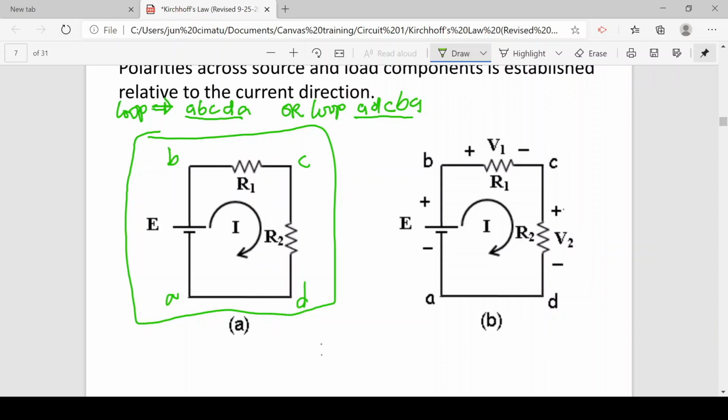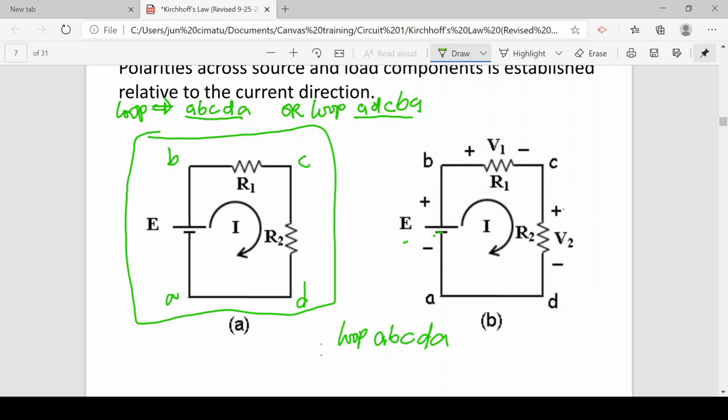So let us consider loop A, B, C, D, A. Let us establish the polarity of the voltages in all the elements. For the E, it is known that the short plate is negative and the longer plate is positive.